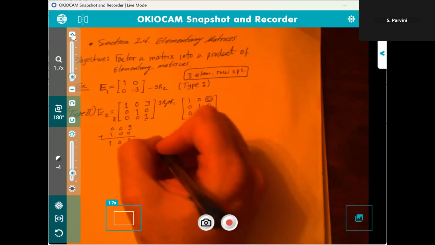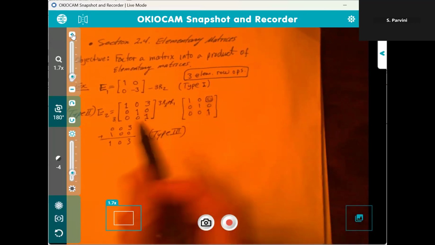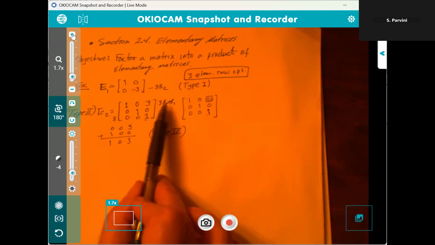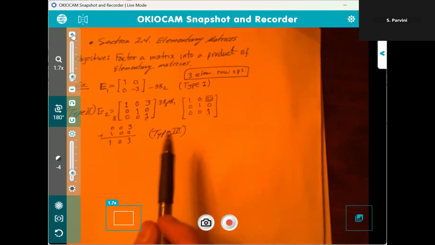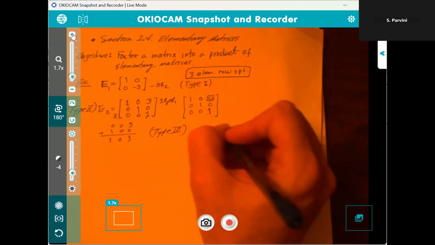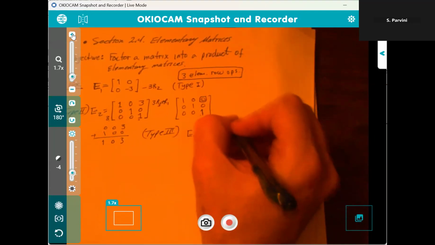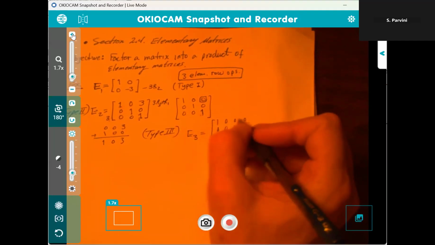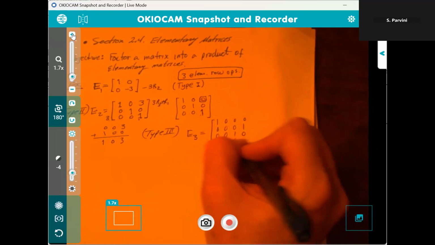Now, the third type, type 3, remember there are 3 elementary row operations. I multiply by constant. I added a constant multiple to another row. The third elementary row operation is when we switch rows, right? So check this one. This is the third one now I'm doing. I'm thinking a 4 by 4 identity matrix. And you tell me, what do you think I've done here? I did a single operation.